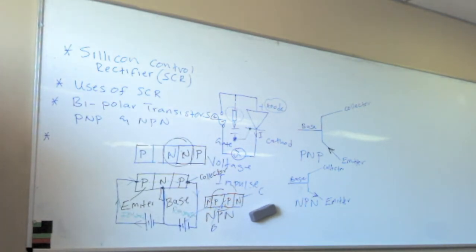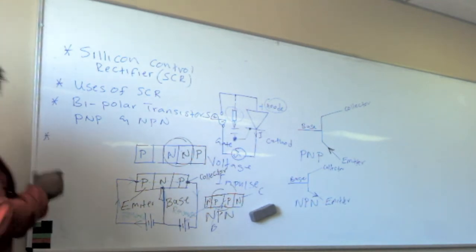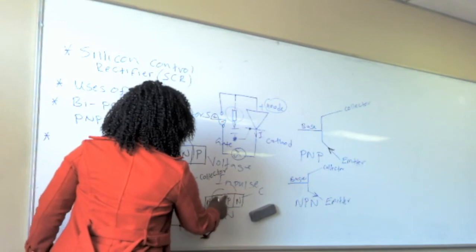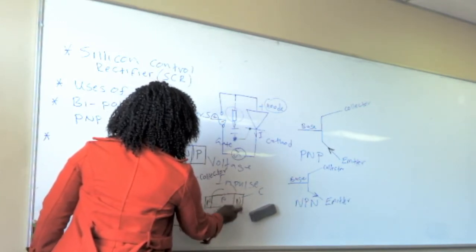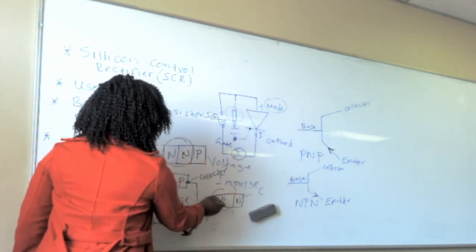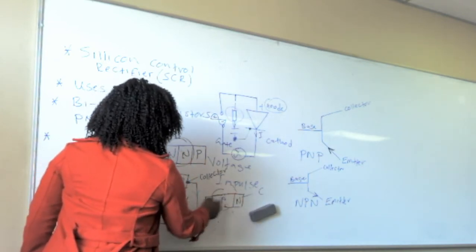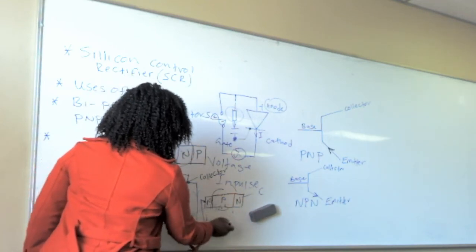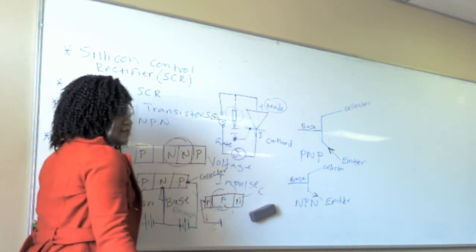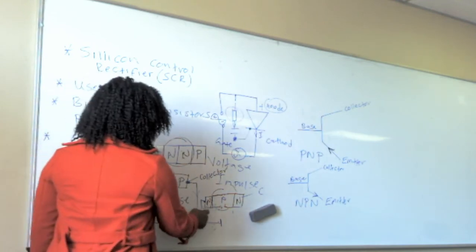That is the same way with the NPN. Before we go to those ones, this is your NPN. We have positive, the base is positive, okay? Then if we connect the wire here, this is the emitter. Connect your wire here, this is negative, so it must be connected to negative. We want a forward bias here.